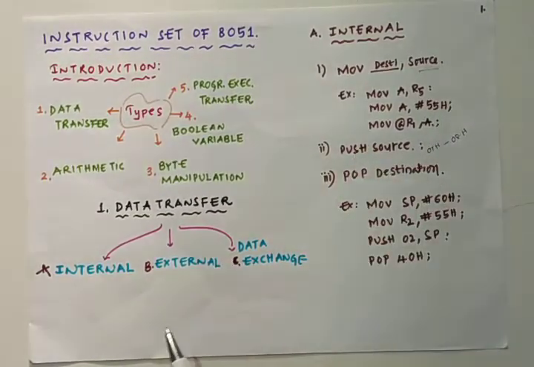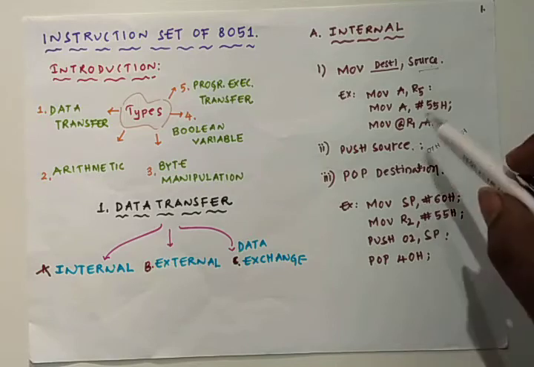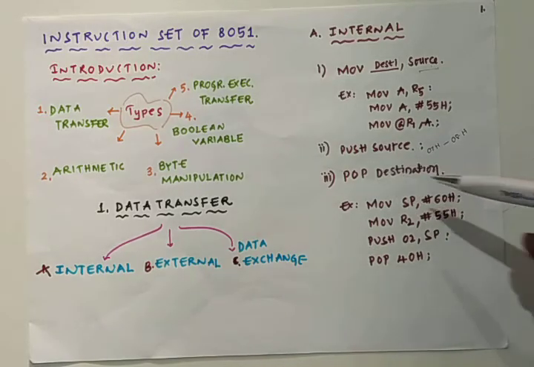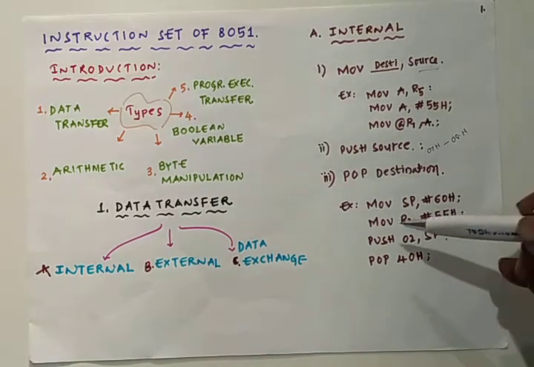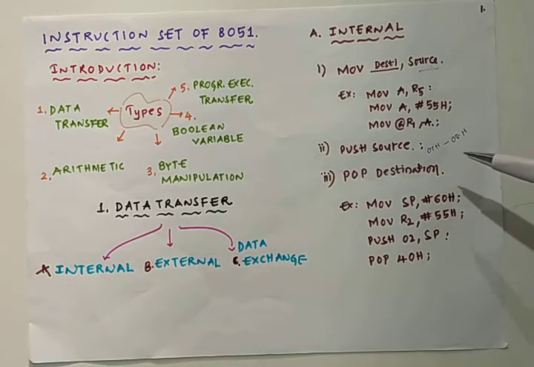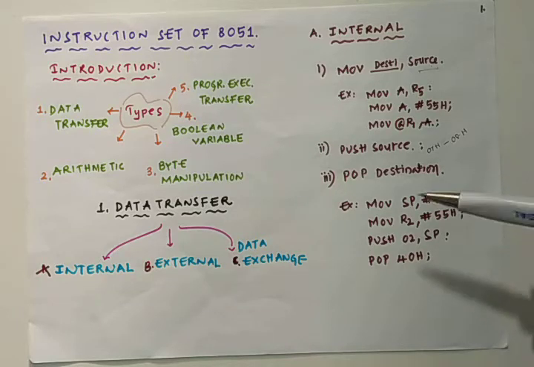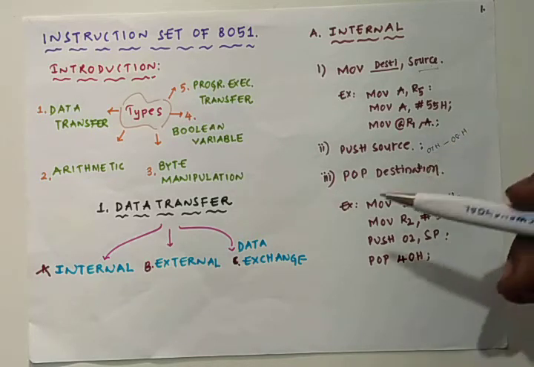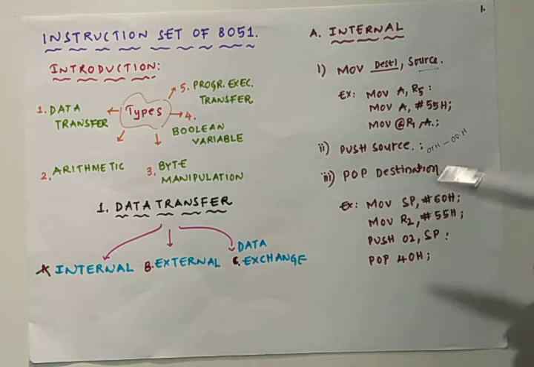Next is the pop operation, that is the pop instruction. These two are very important: the push source instruction and the pop destination instruction. The pop instruction copies 1 byte of data from the top of the stack, as pointed by the SP, to the destination. Then the SP is decremented by 1.